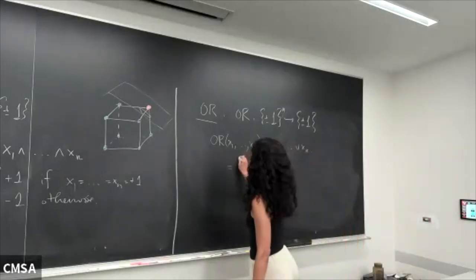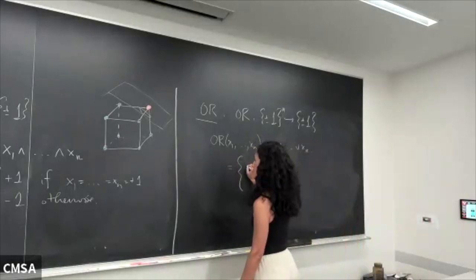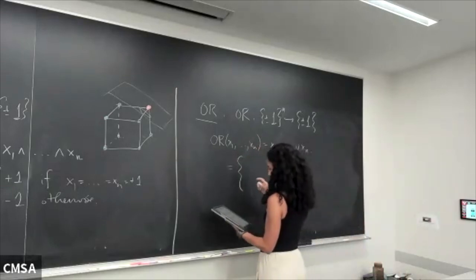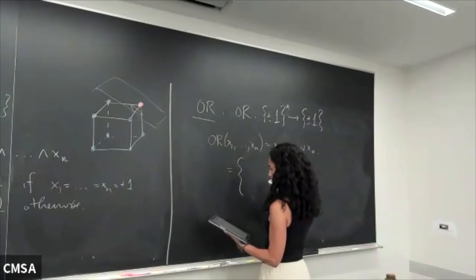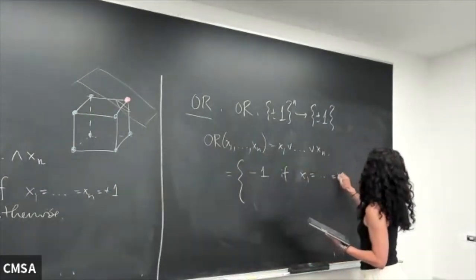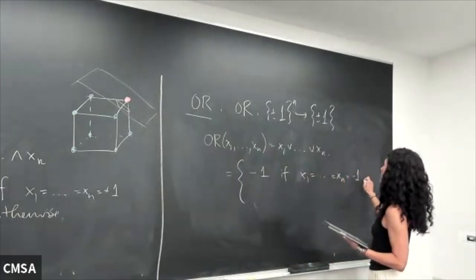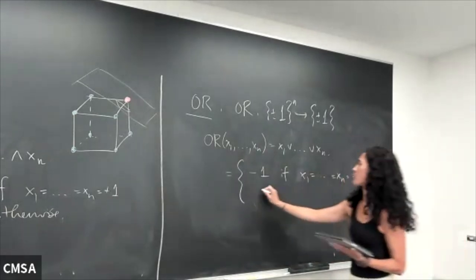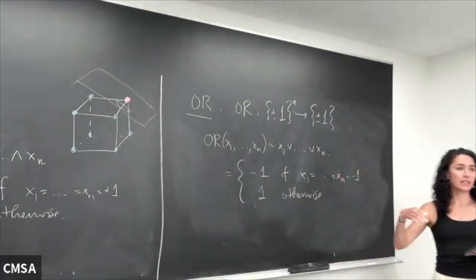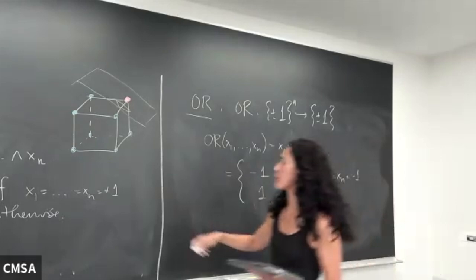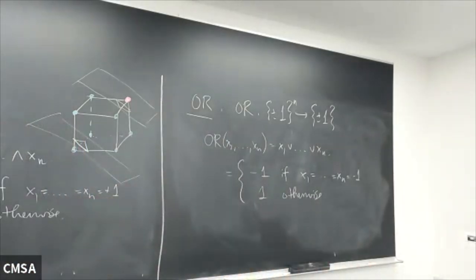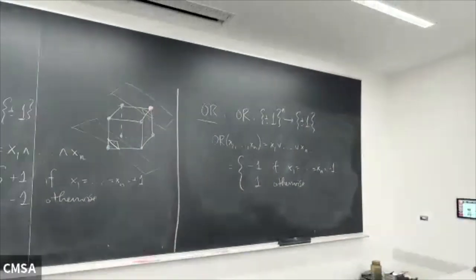And this is just, again, it's -1. Everything is negative. If all the inputs are -1, it's -1, otherwise it's +1. So again, it's the same sort of deal. You're cutting off a vertex of this Hamming cube, or you can do that with a linear separator.